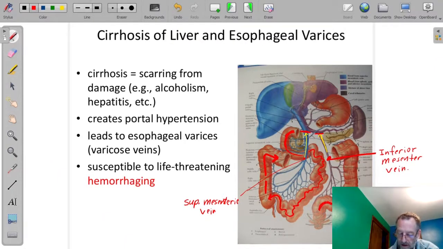So sigmoid colon, descending, and the other portion of the transverse.